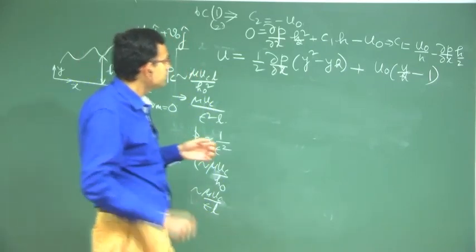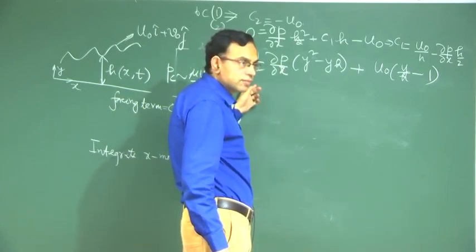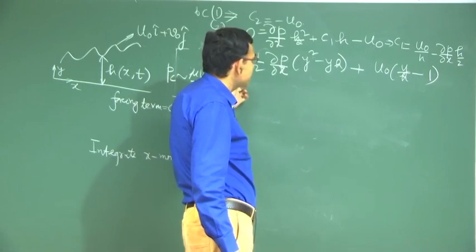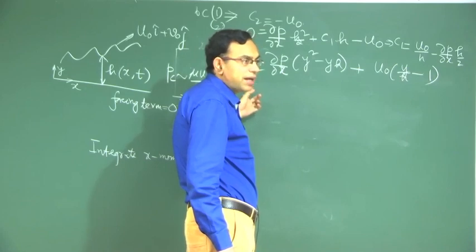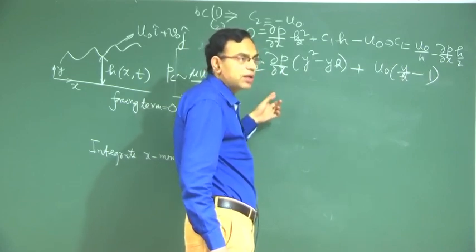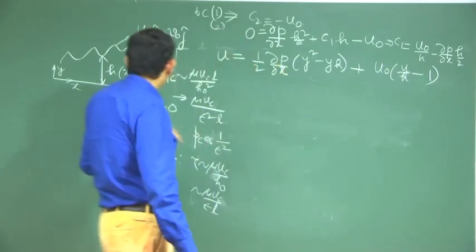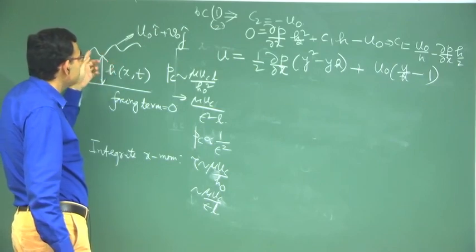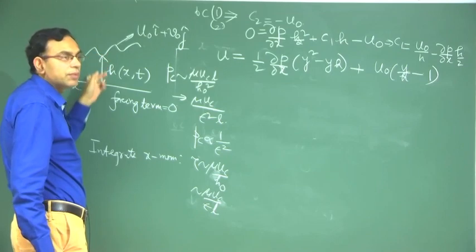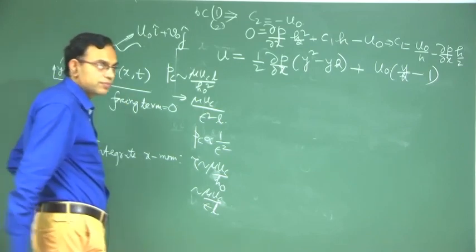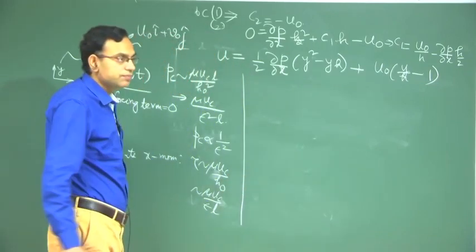We will differentiate this with respect to x and equate that with minus del v del y from the continuity equation. We will integrate that equation to get v, and v at y equal to h is nothing but del h del t, the rate of change of h with respect to time, that will close the problem. So, let me work out the steps, then you will understand it better.